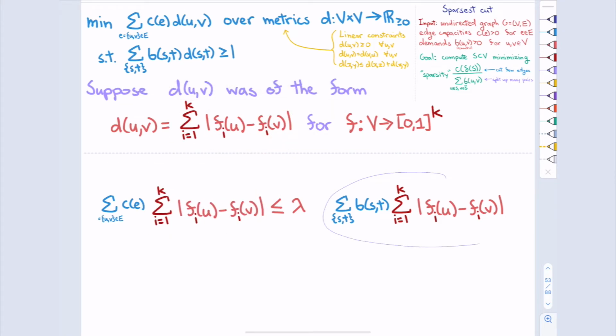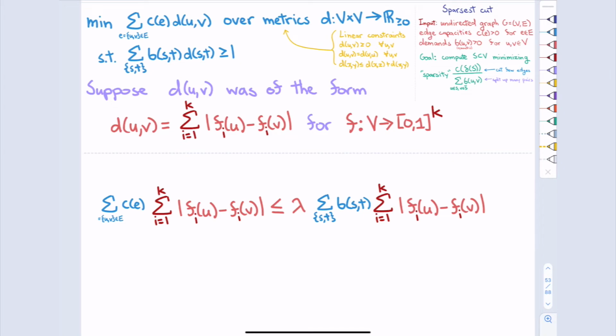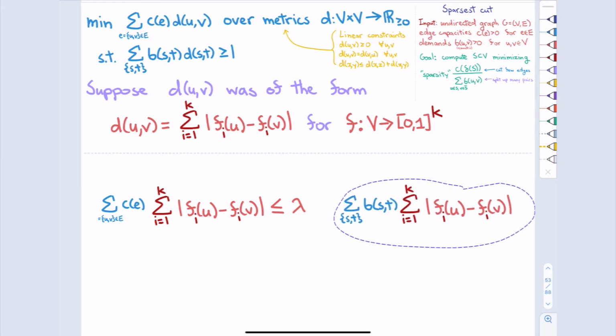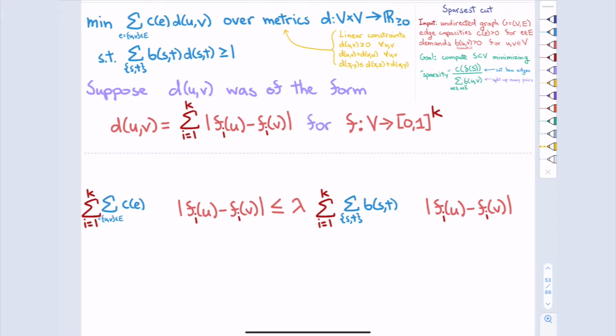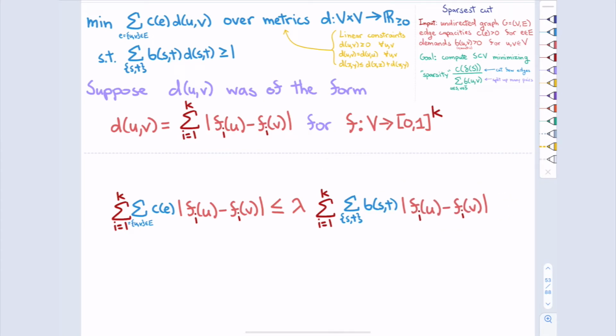Okay, so this is what we know. If I rearrange these sums like that, this is great. I don't have to write anything. All I've done is rearrange sums, right? And I see what looks like a sum of individual LP terms.